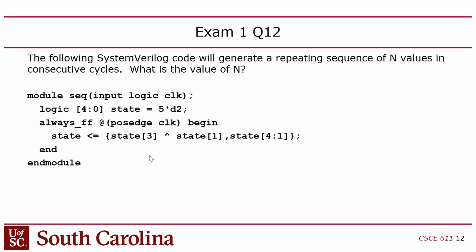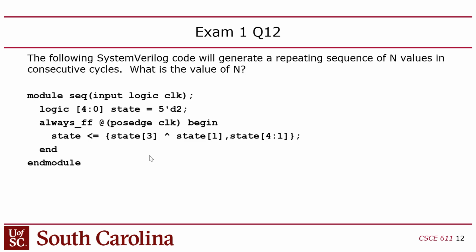What is the value of n? Yeah, this one's probably the hardest one on here. Anyone confused by this one? Yeah. Afterwards. This one you have to kind of work it out.